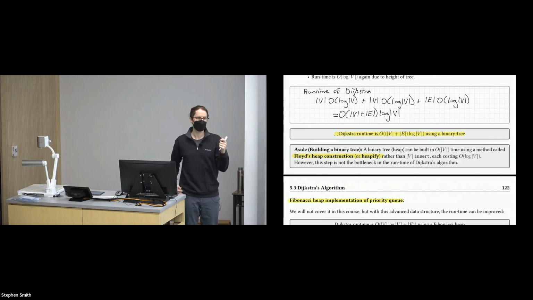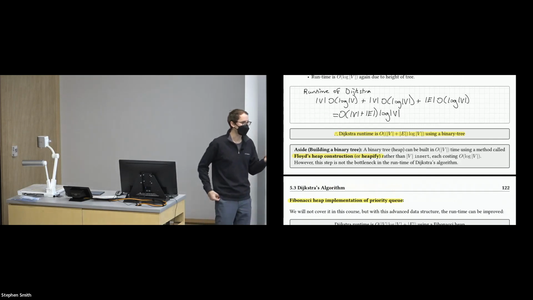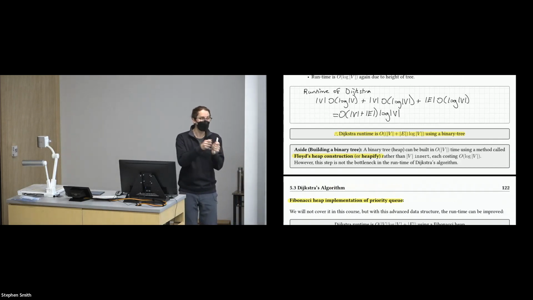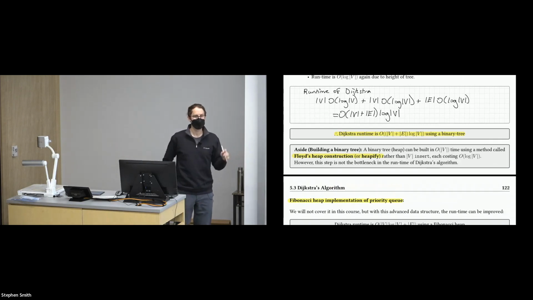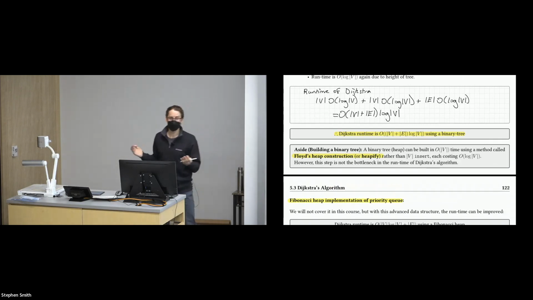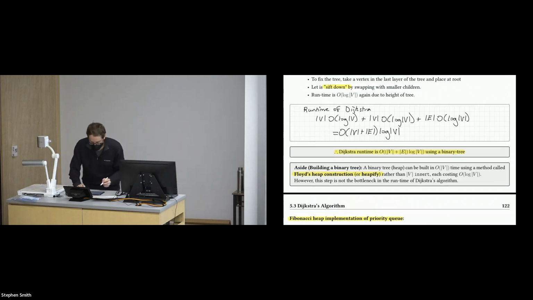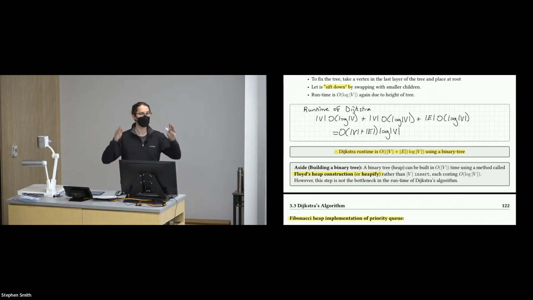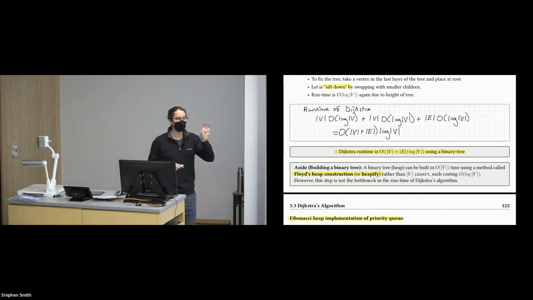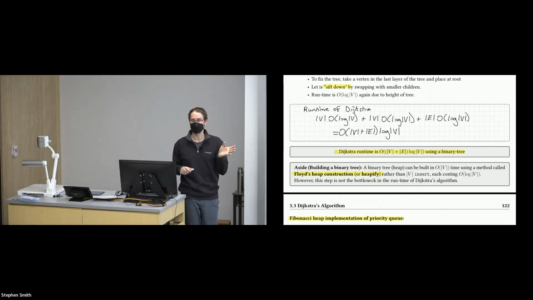So rather than looking at each delete min operation separately and each decrease key operation separately, I look at the sum of those runtimes over the entire execution of the algorithm. With a fancier data structure, instead of E times log V, the amortized cost of all the decrease keys is just E. So on average it's only order 1 time per decrease key.